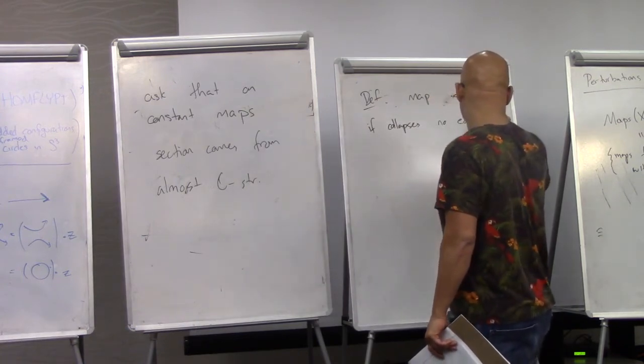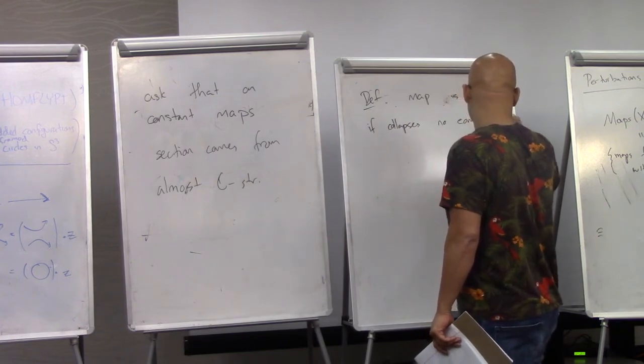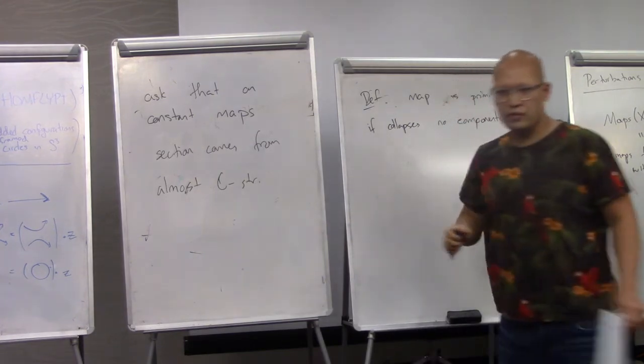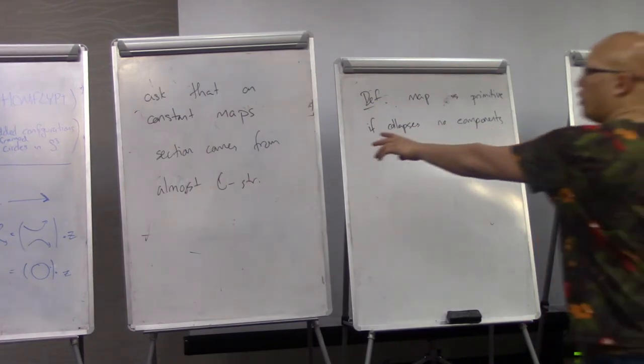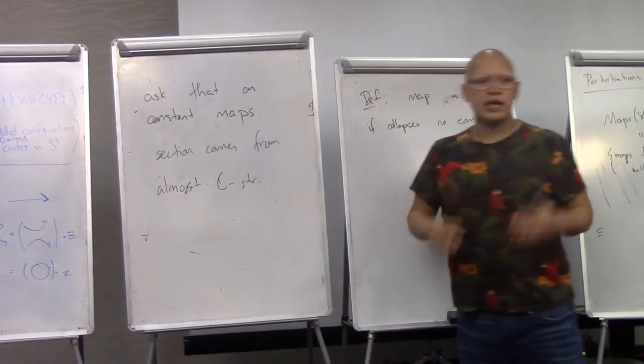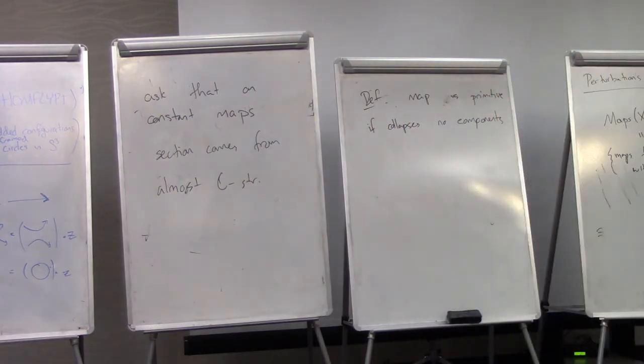So there's no irreducible component on which it is constant. Now, the consequence of this request is that every time you have a primitive map, you're going to be able to add constants to it as much as you want. But I just don't want to think about them.